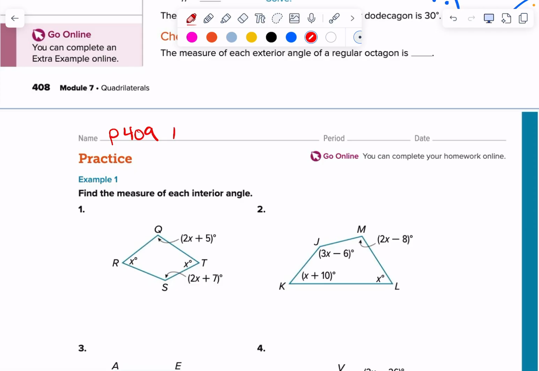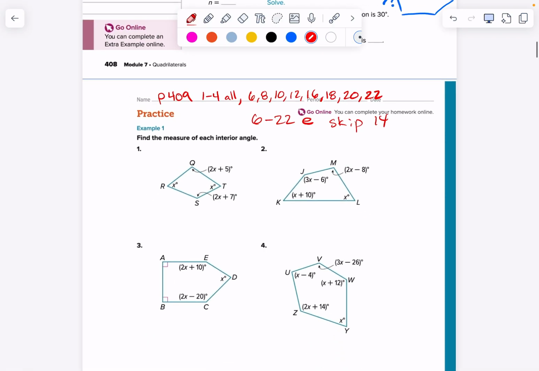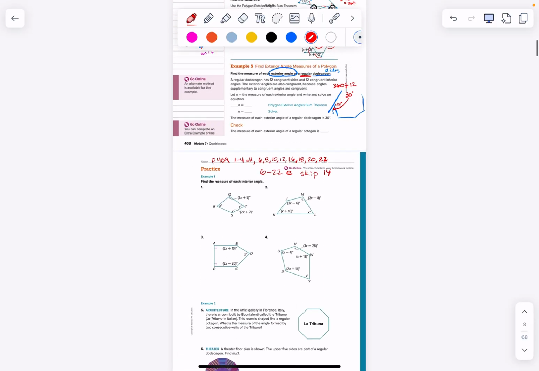Page 409, 1 through 4 all, and 6, 8, 10, 12, 16, 18, 20, 22. So 6 through 22 evens, skip 14.